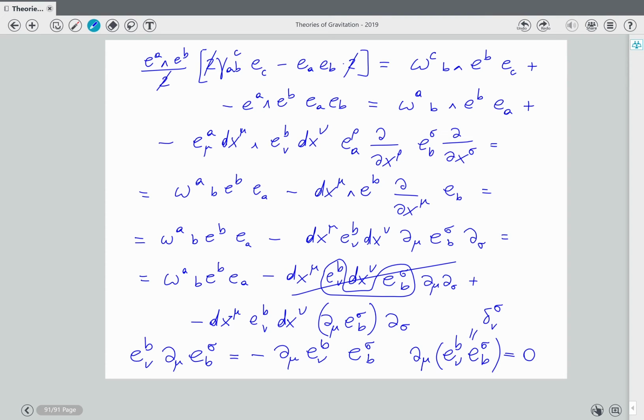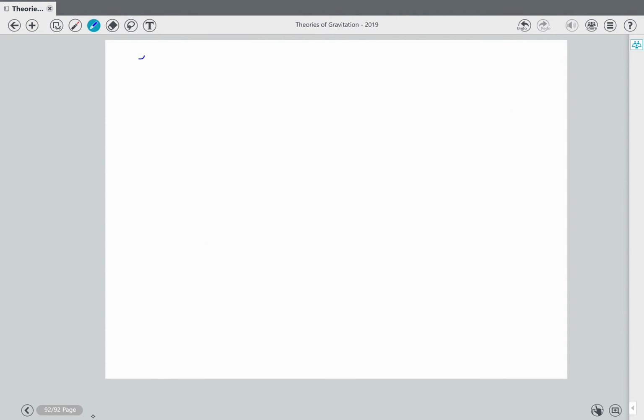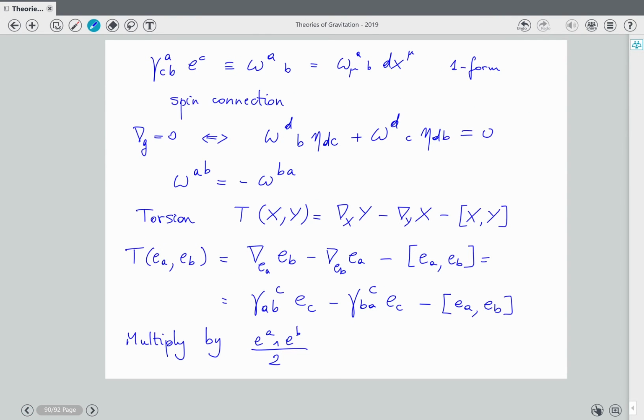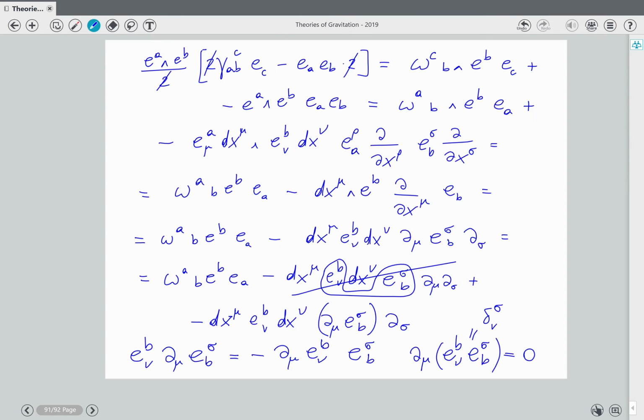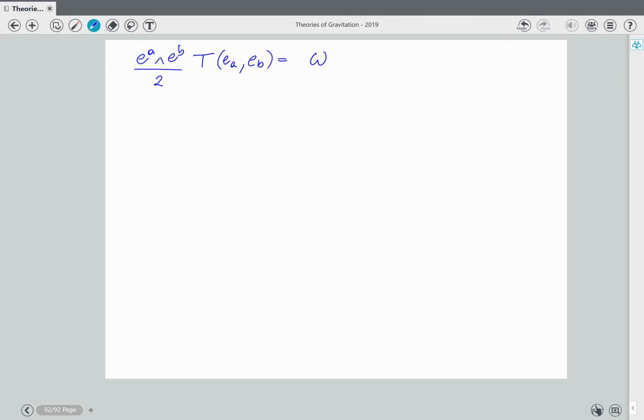And so let us collect the result now. What we have been writing was EA wedge EB divided by 2 times T, the torsion calculated on EA EB. And we found two contributions. First, this contribution omega AB EB EA.